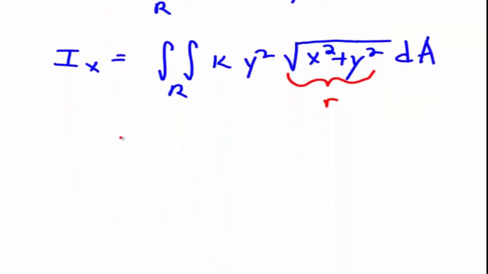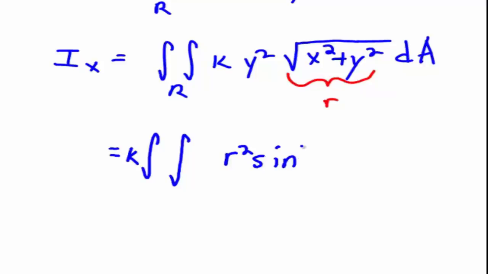So you switch to polar. y squared, y is r sine theta. So let me put the k out front. y squared would be r squared sine squared theta.